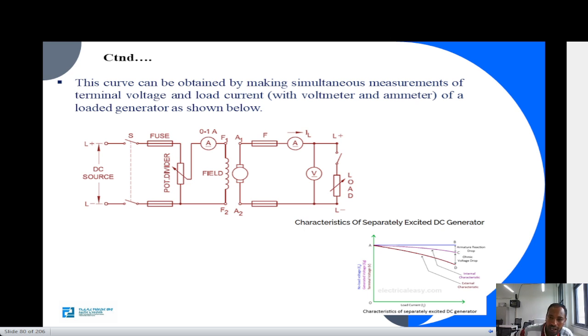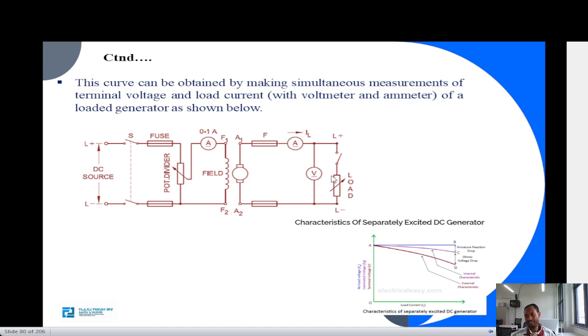This curve can be obtained by making the following circuit connection. We have a variable DC supply connected to our field winding, and we connect an ammeter here to measure the current, and connect our armature with a voltmeter and ammeter. We measure the voltage and the load current simultaneously, and plot I load versus V terminal.